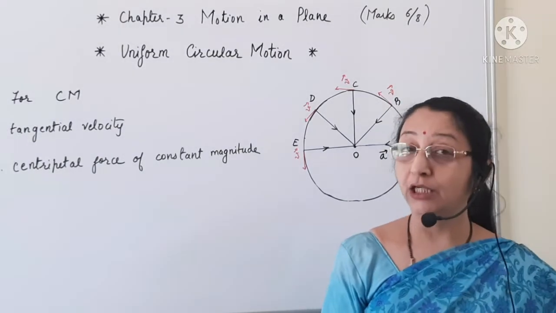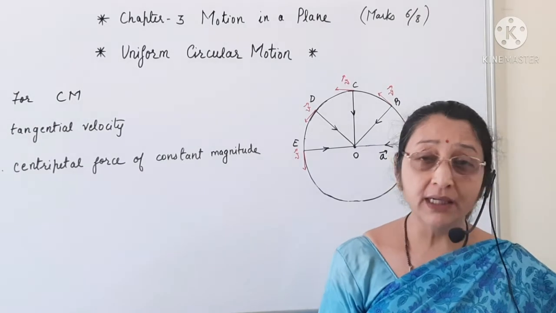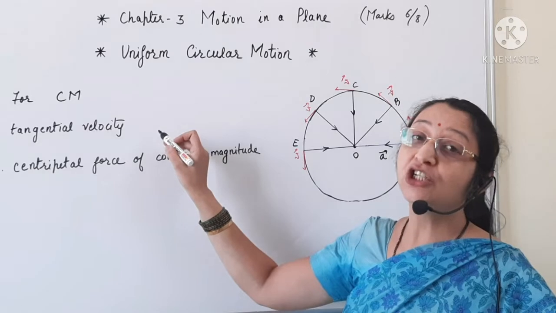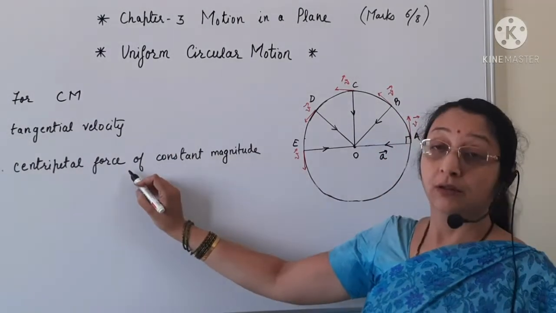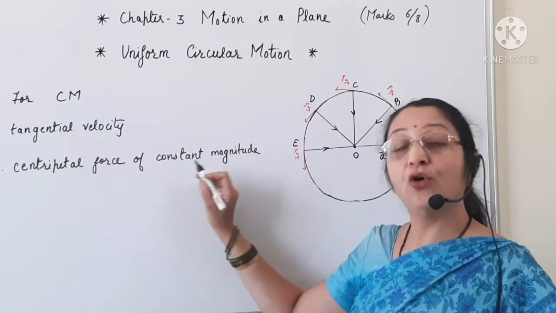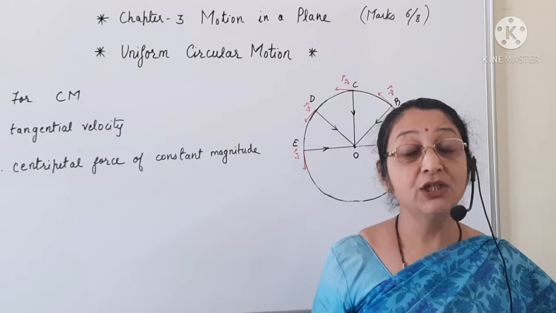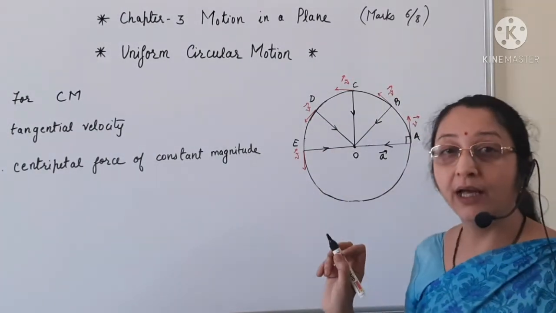Hence, for a particle to move in circular motion, the necessary requirements are that the particle should have a tangential velocity and a centripetal force of constant magnitude.